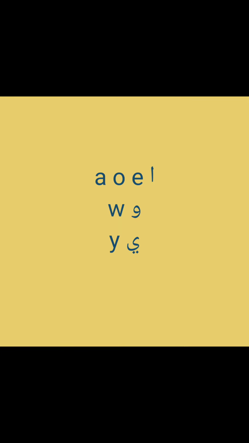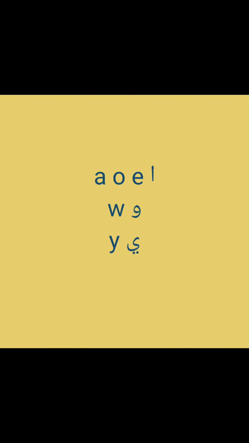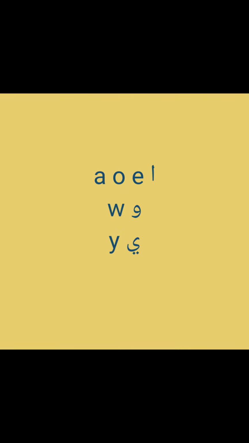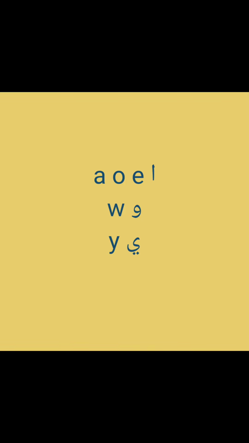As you must have noticed in these examples, these alphabets can be consonants as well. So Alif makes the sound e. Depending on the vowel that comes after it, it can be a, o, e. So it is always e. As for Waw, it makes the sound w. Ya makes the sound y.